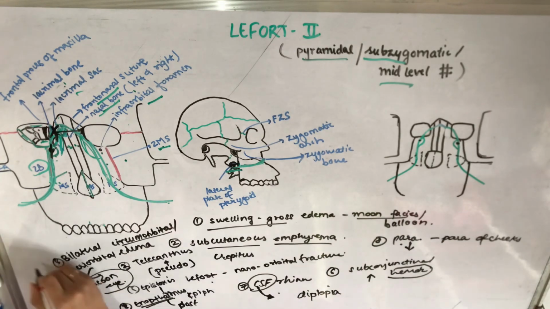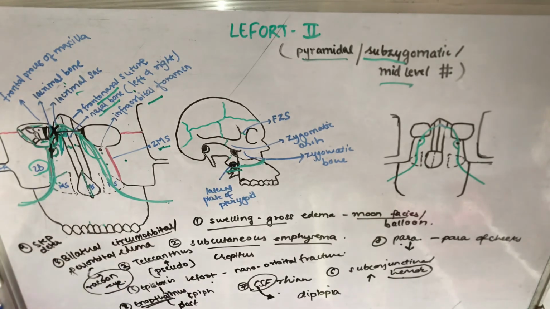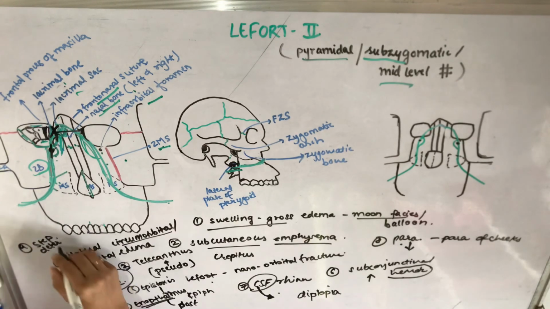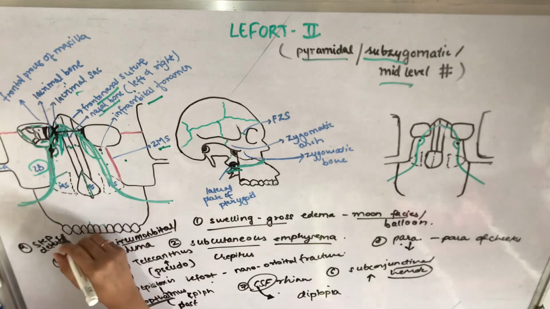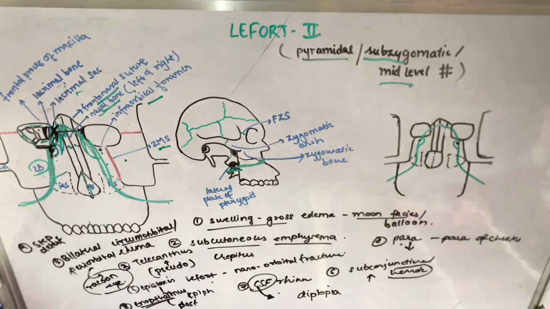Next there is step deformity at the infraorbital rims. Yesterday we saw this is a differentiating feature between Lefort 1, 2 and 3. You will see step deformity in Lefort 2 at the infraorbital rims. So the mobility is present at the infraorbital rims.